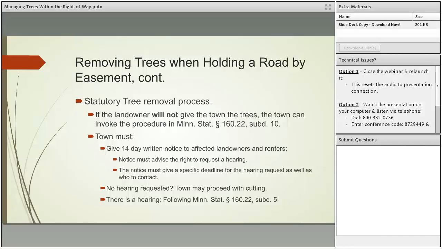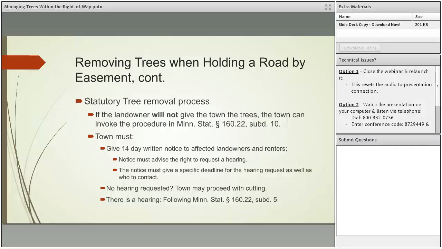The statutory removal process. This is the bulk of Minnesota Statutes 166.22. It gives a procedure for the town when the landowner won't give over the tree to the town.